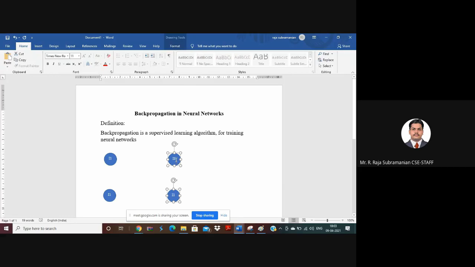This particular layer I call the hidden layer. So I say this is going to be hidden layer one, with H1 and H2.